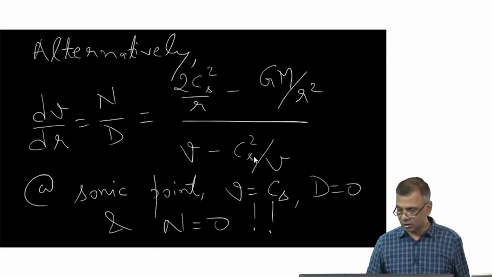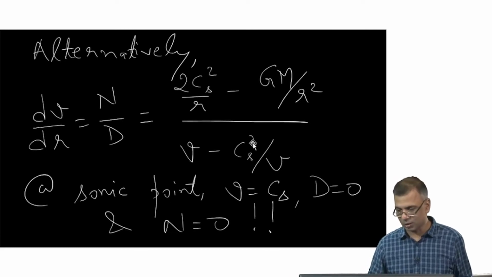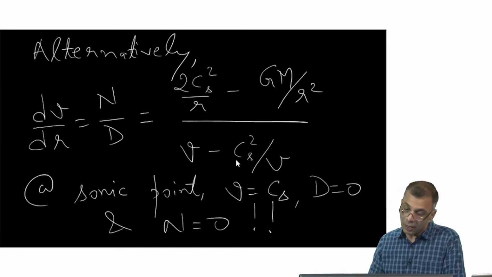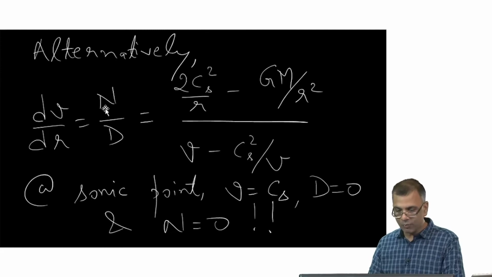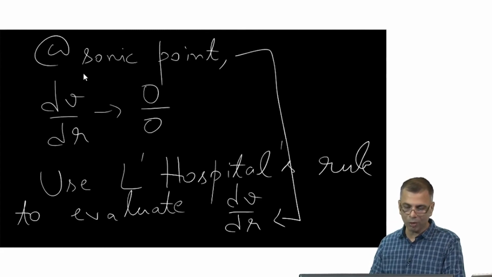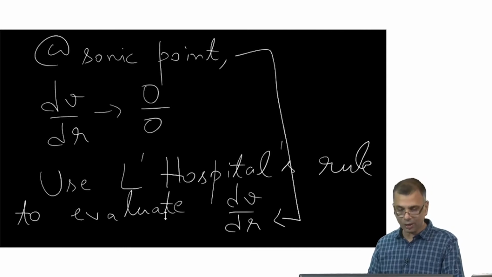You see, at the sonic point, V equals Cs and V squared equals Cs squared. So, it's evident how the denominator becomes 0. That's evident. Now, the thing to remember is that if you don't want the dV/dr to blow up, then you want the numerator also to become 0, so that you obtain this kind of a 0 over 0 situation, and then you'll use L'Hopital's rule to evaluate dV/dr. So this is the thing.